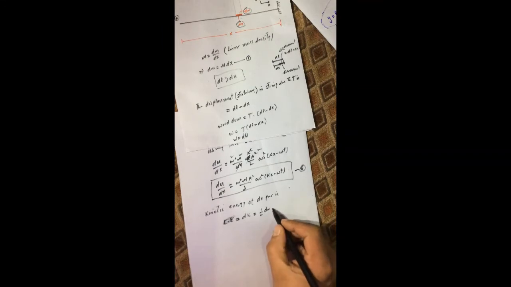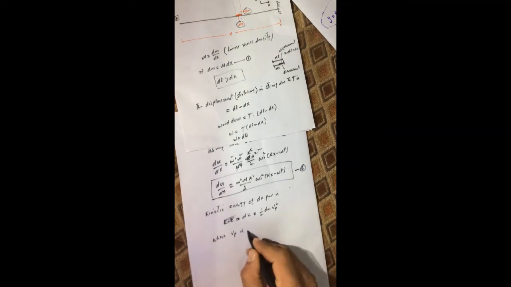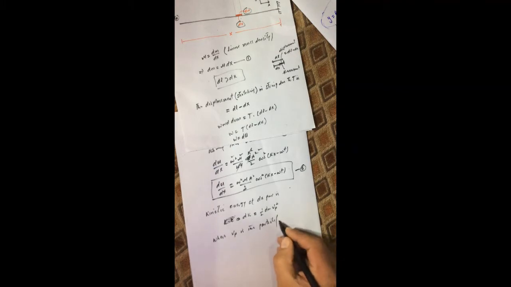So its kinetic energy will be 1/2 dm into vp square, where vp is the velocity of the particle, or we can say the velocity of the length element dx.